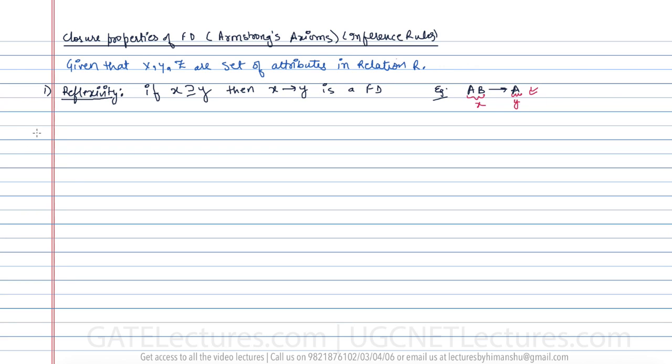The second closure property is called augmentation. What is augmentation? If X determines Y is a functional dependency, then we can say XZ determines YZ does hold.